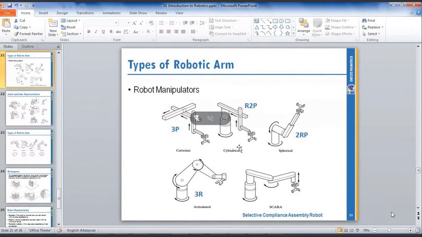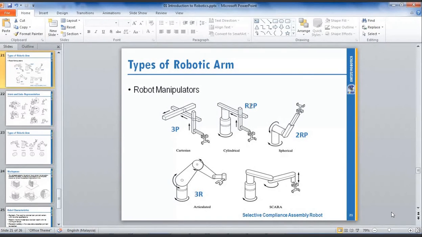This is cylindrical. So Cartesian is a square. Cylindrical is a cylinder, so the working envelope shape is a cylinder. Because it is a cylindrical robot, the maximum this robot can perform is a cylinder shape.